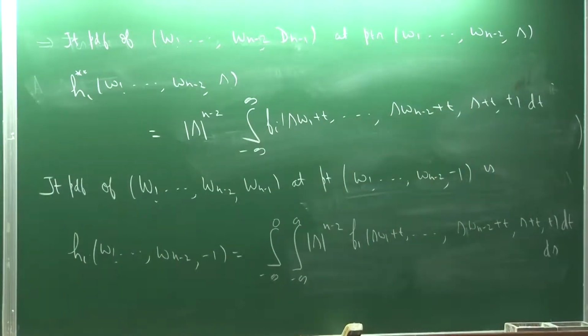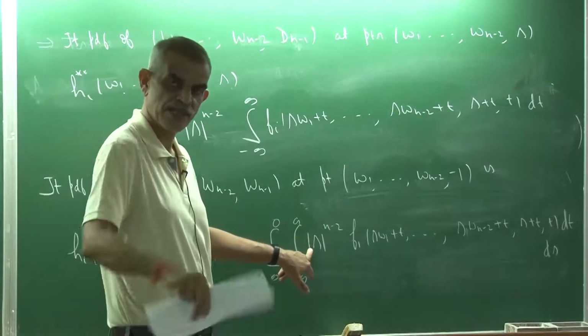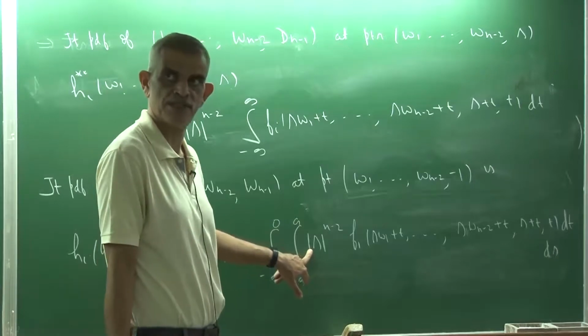Now note that here s is negative, so mod of s would be the same as minus s. So I can make the transformation minus s equal to s prime.